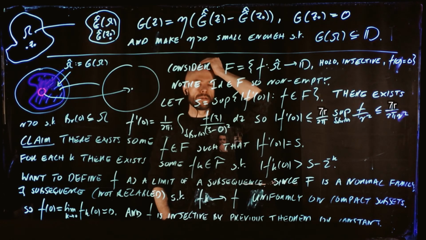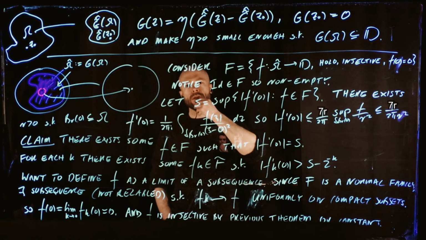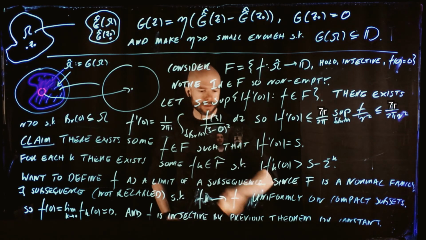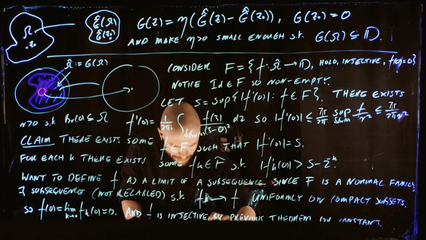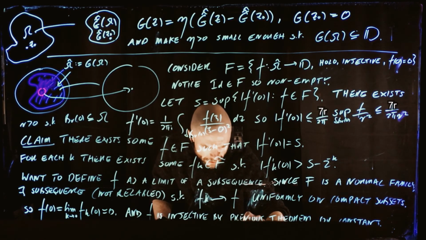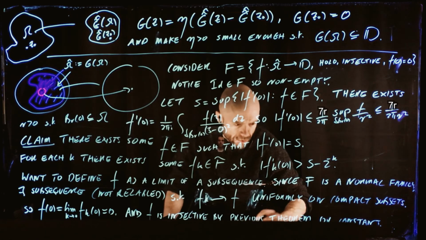Well, if it was constant, then the derivative would be 0, right? We've taken S to be the supremum of all these. And there is at least one function in this family. Since the identity belongs to F, we know that S is bigger than or equal to 1.